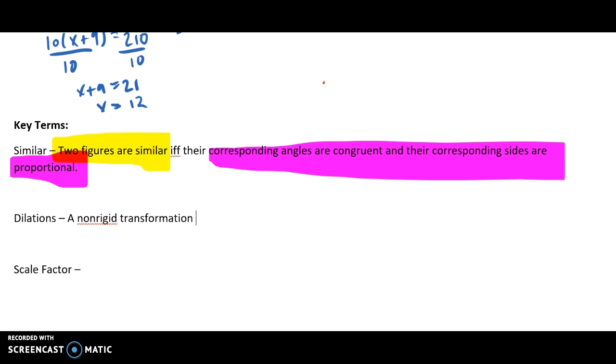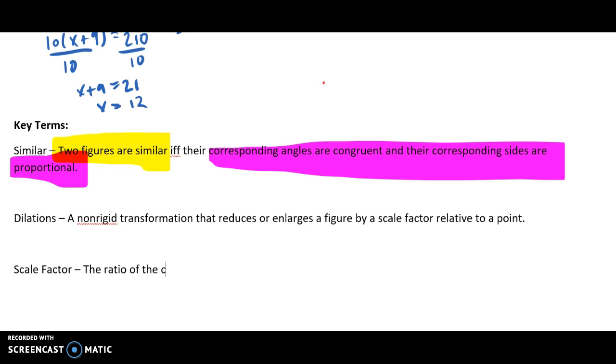So a dilation is a non-rigid transformation that reduces or enlarges a figure by a scale factor relative to a point. A lot of times we talk about dilations in the coordinate plane, which we will get to in class together, and that's why we have it relative to a point. And then a scale factor is the ratio of the corresponding lengths in similar figures.